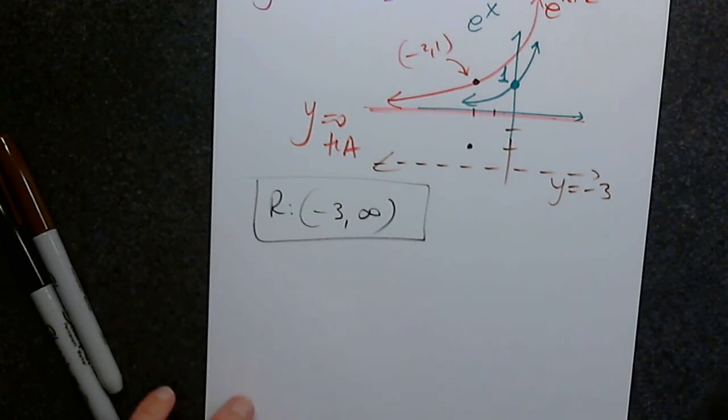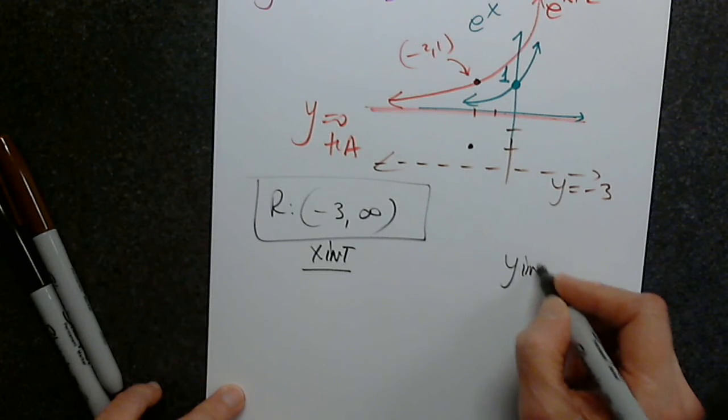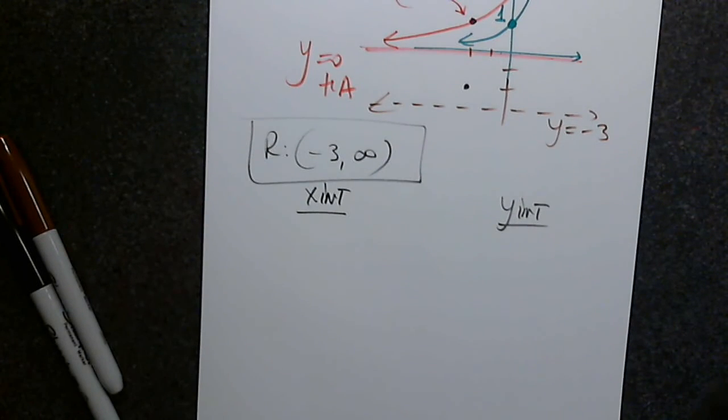Okay, so I would like us to determine the x-intercept and the y-intercept before I graph it, so I don't have to go back and adjust the graph later. So the x-intercept, how do I find it for any function? Of course. Thank you.